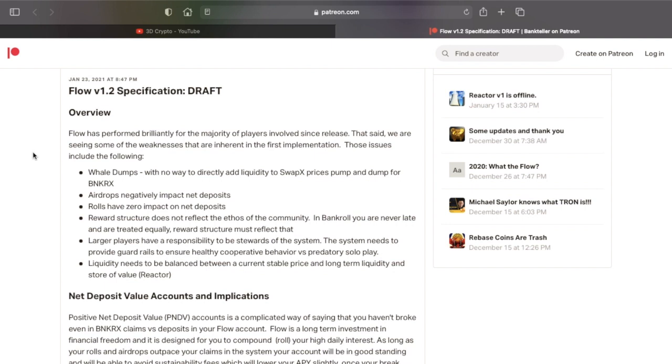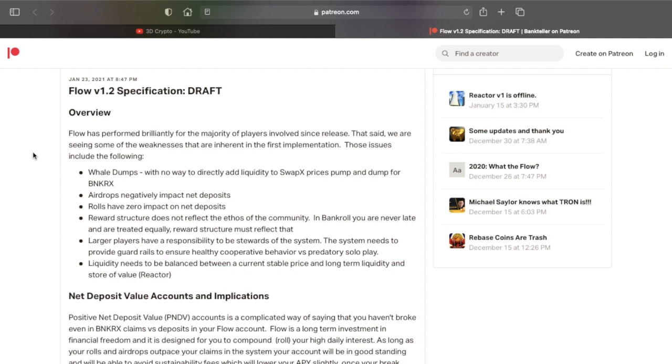So basically the whole point of version 1.2 was to deal with certain issues, and certain issues included whale dumps, airdrops not helping players become net positive, roles not helping players become net positive, the reward structure not reflecting the ethos of the community. By that I mean there were different levels within the reward referral system, so it made it more like if you've got directs, that was more important rather than growing your team.